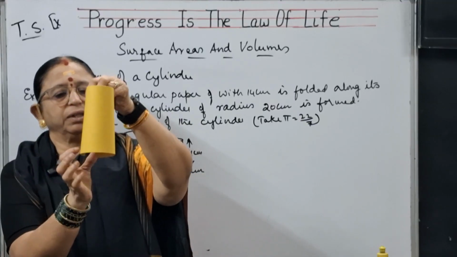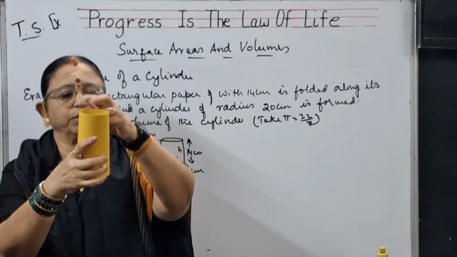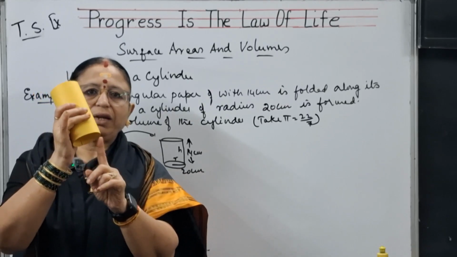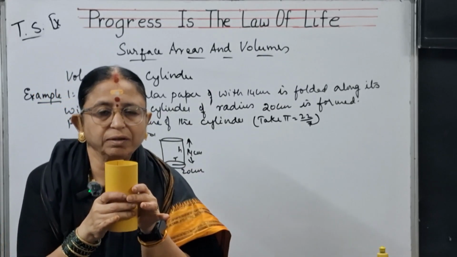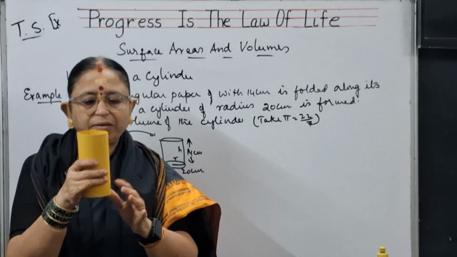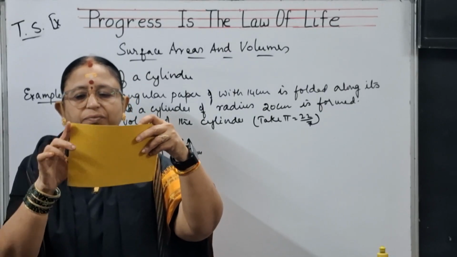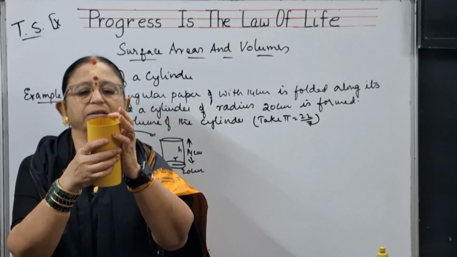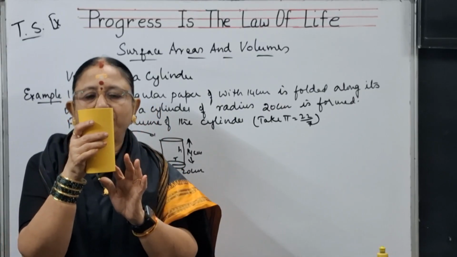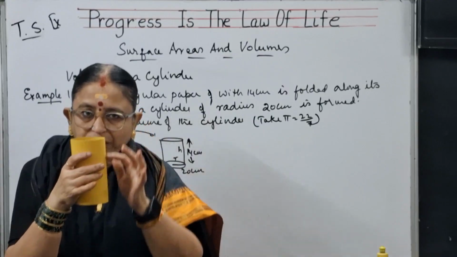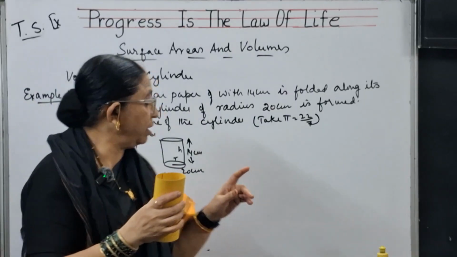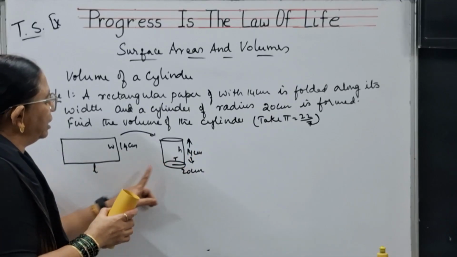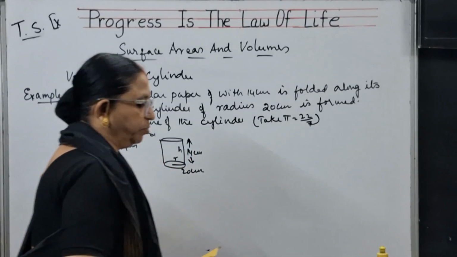So here the radius of this circle so formed, what is the radius? That is this part. Here the radius is given as 20 centimeters. This is the width, but when it is folded like this, the width becomes the height. So whatever is the width, that becomes the height. So that is why I have taken this as 14 centimeters. Width becomes the height and radius is given as 20 centimeters.